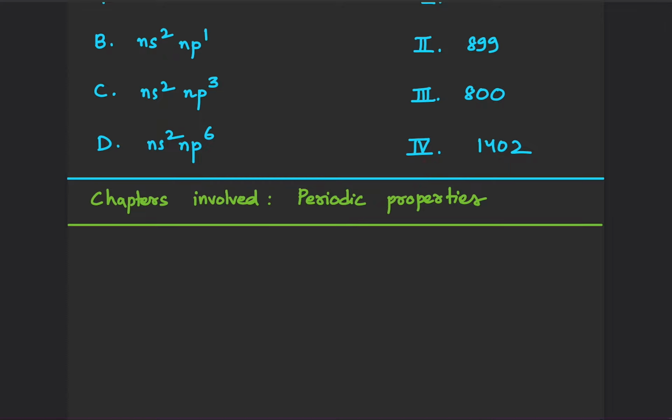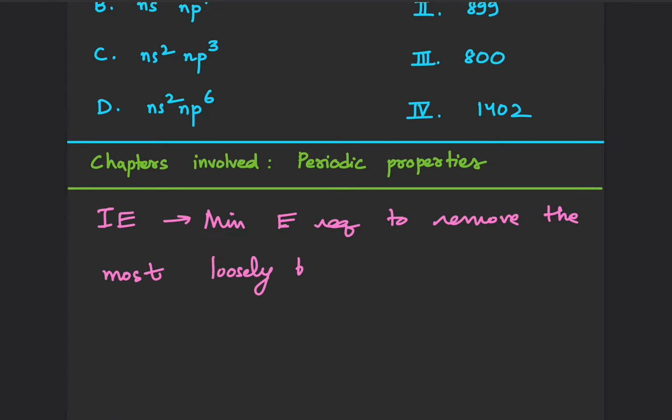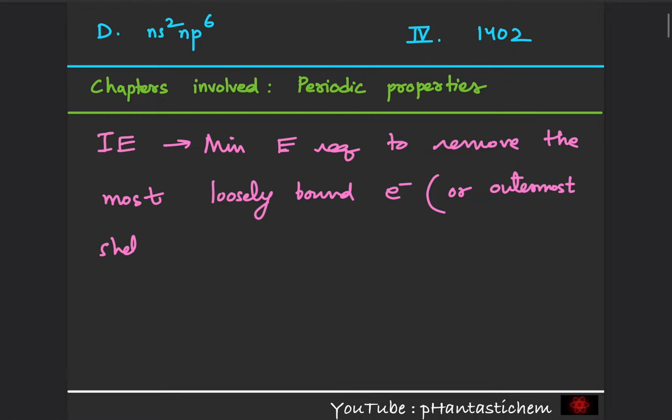So ionization enthalpy is the minimum amount of energy that is required to remove the most loosely bound electron. Okay, so I will write that down. Ionization energy is the minimum energy required to remove the most loosely bound electron, that is the outermost shell electron, from an isolated gaseous atom.